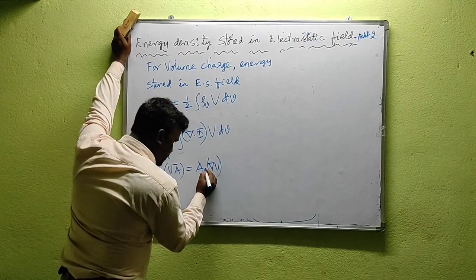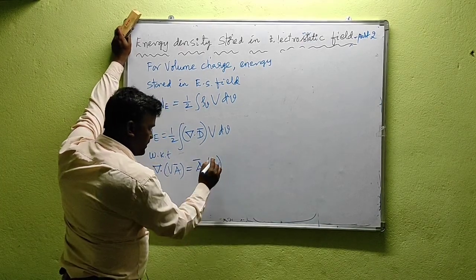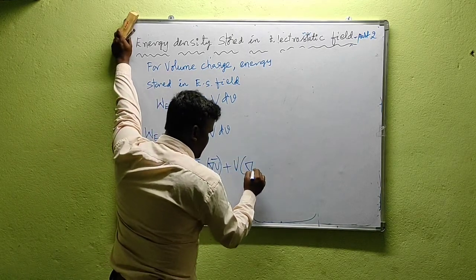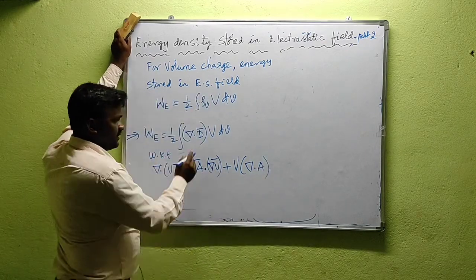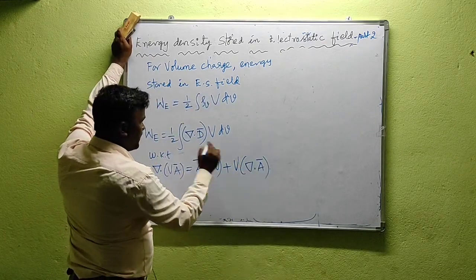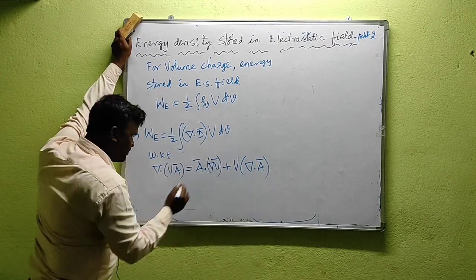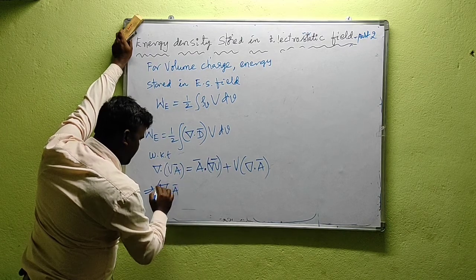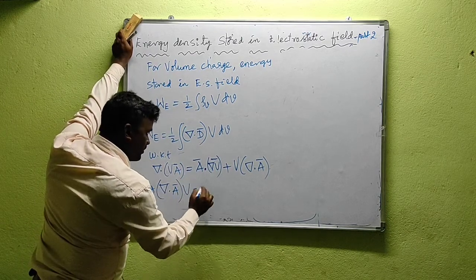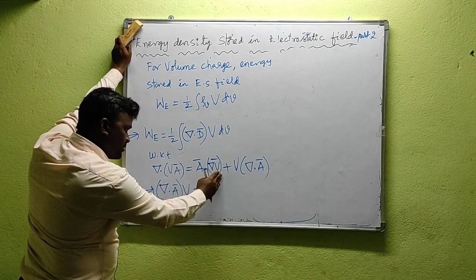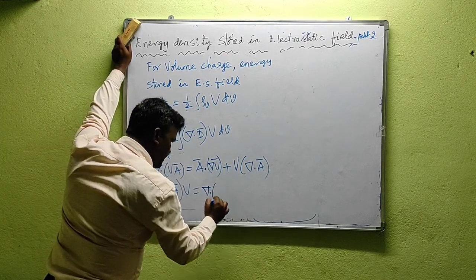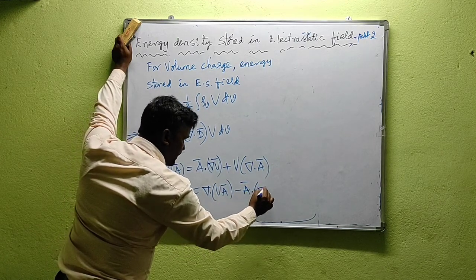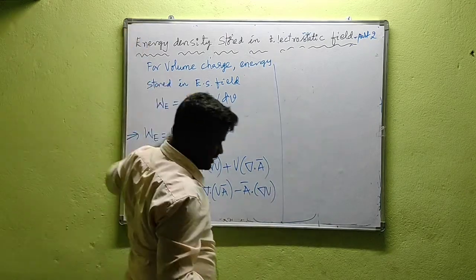So here the dot product of these two vectors, A dot del V, is a scalar only, plus V into del dot A. This is in the form of del dot A into V. So we can write this as del dot A into V equals del dot of VA minus A dot del V.